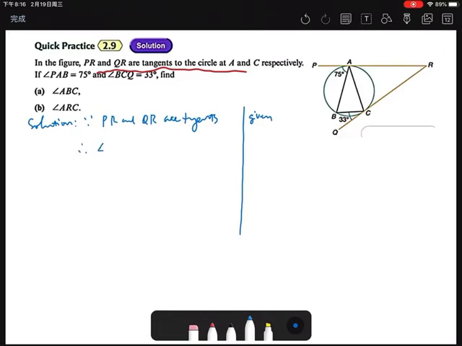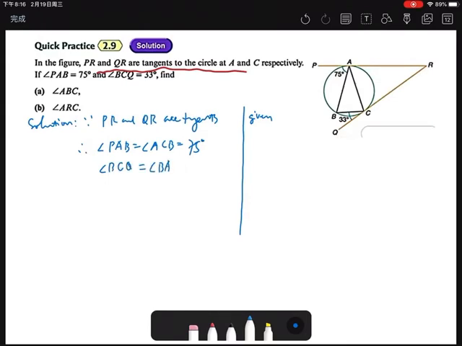So we can get that angle PAB equals the alternate angle, so angle ACB equals 75 degrees.